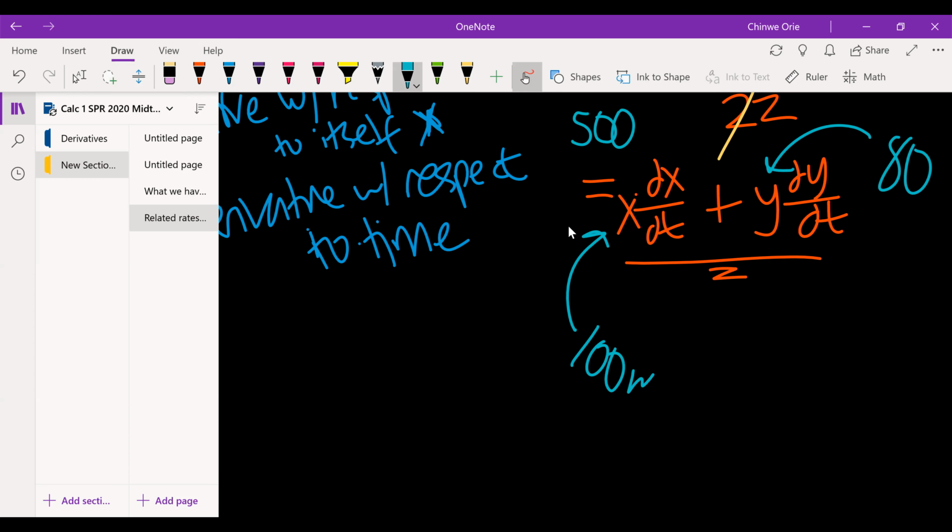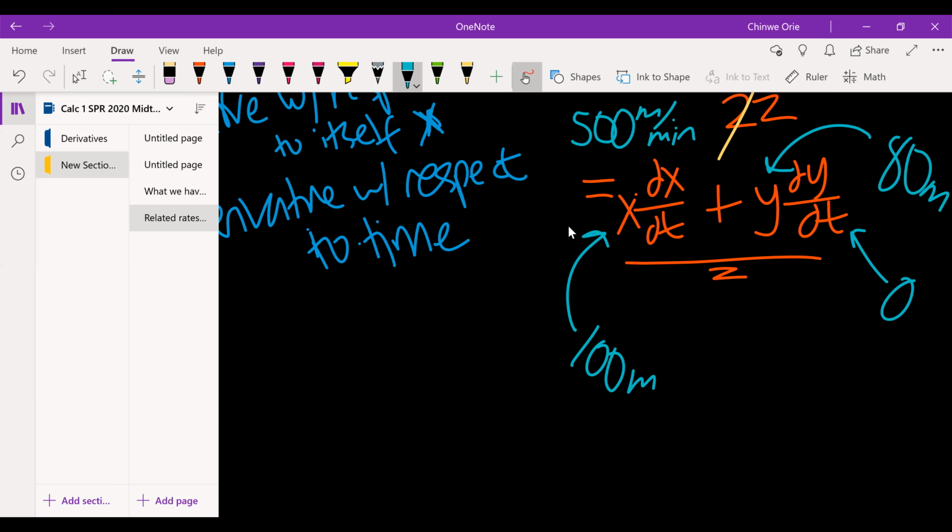Remember, these are all in meters, so let's not forget our units. Meters per minute. Okay. And then what's dy over dt? 0.